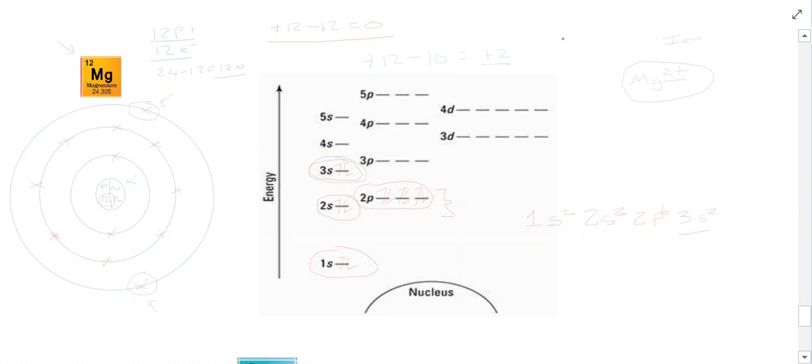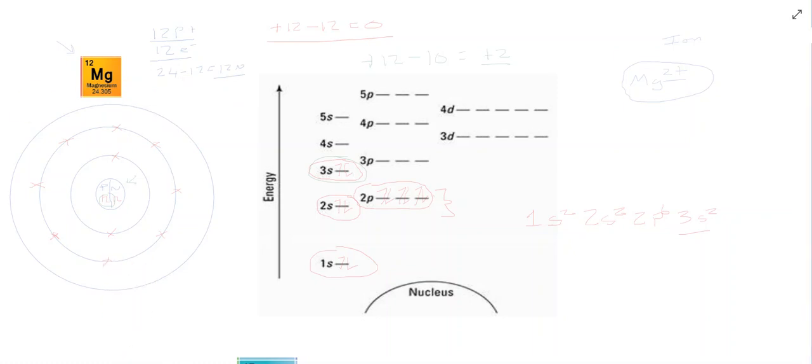So essentially, what would Mg2+ look like? It'll look like this, except you're going to lose these outer electrons here. So you lose this, and you lose this.